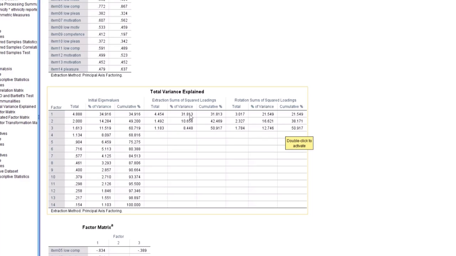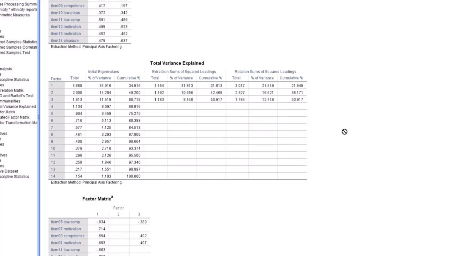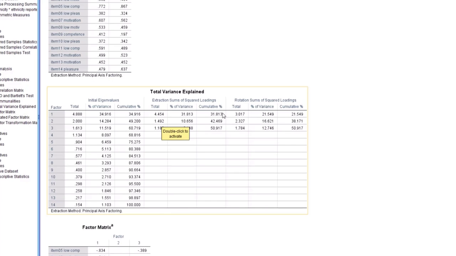When we look at the percentage of variance, what this is trying to do is give us an average within each of those factors, 1 and 2 and 3, of what the spread is. That's what variance is, how far it is from the mean. And then you look at the loadings, but the bottom line here is this cumulative, right?